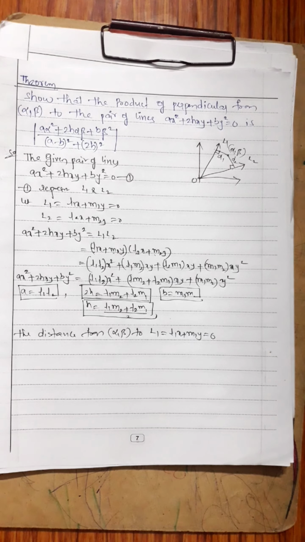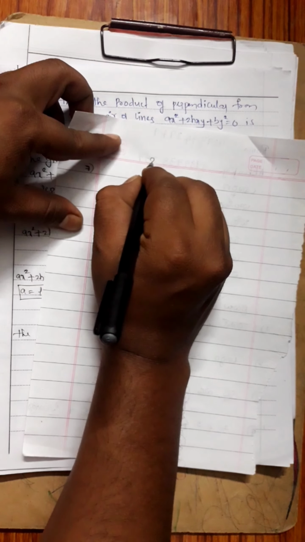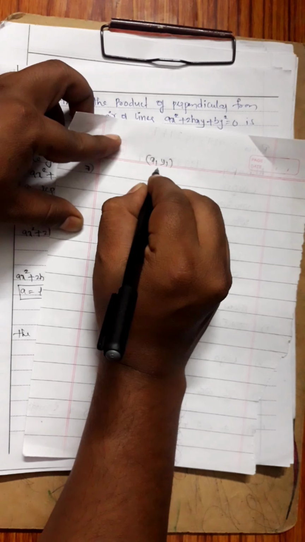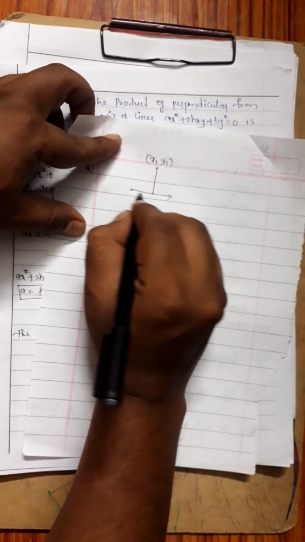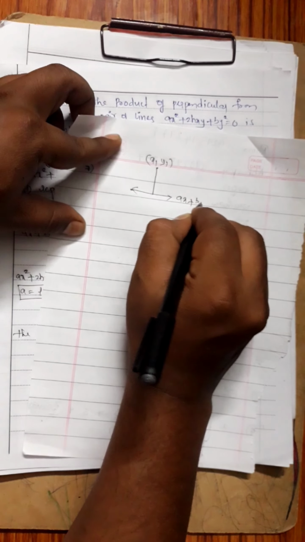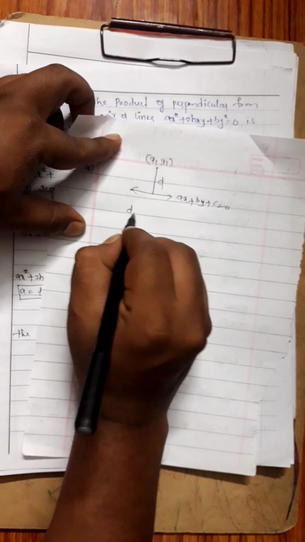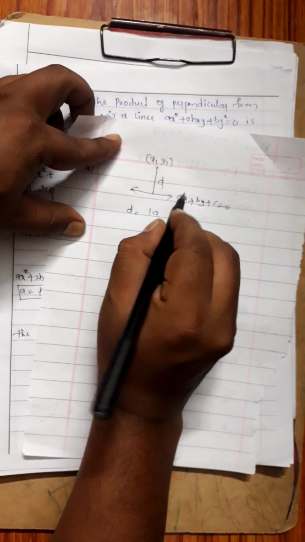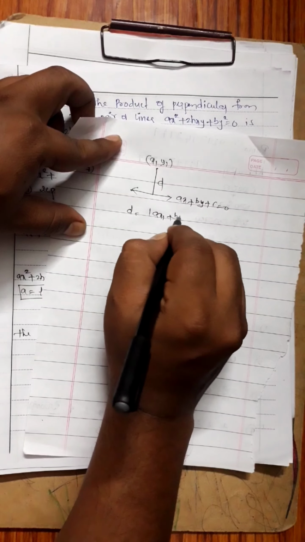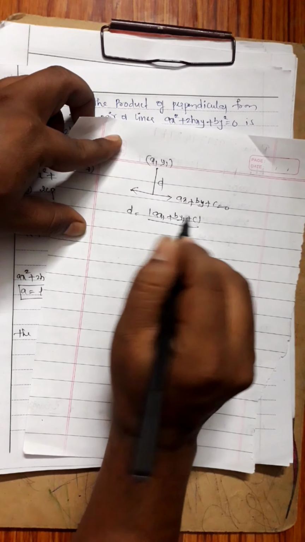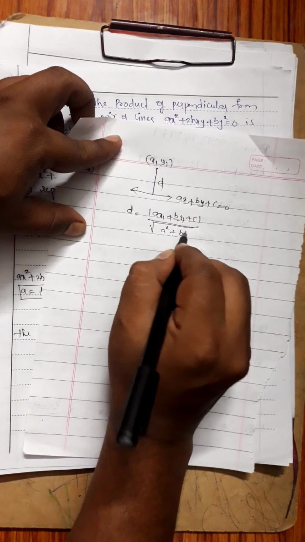Here we will apply a formula. For example, x1, y1 is a point. From this point, the perpendicular distance to the line ax plus by plus c equal to 0 is d equal to mod of (a x1 plus b y1 plus c) by the square root of a square plus b square, the coefficients of x and y.